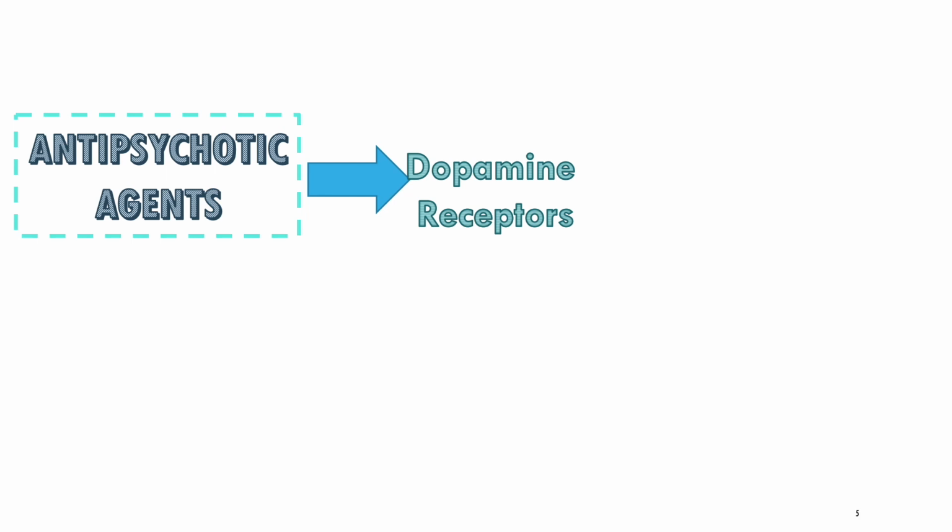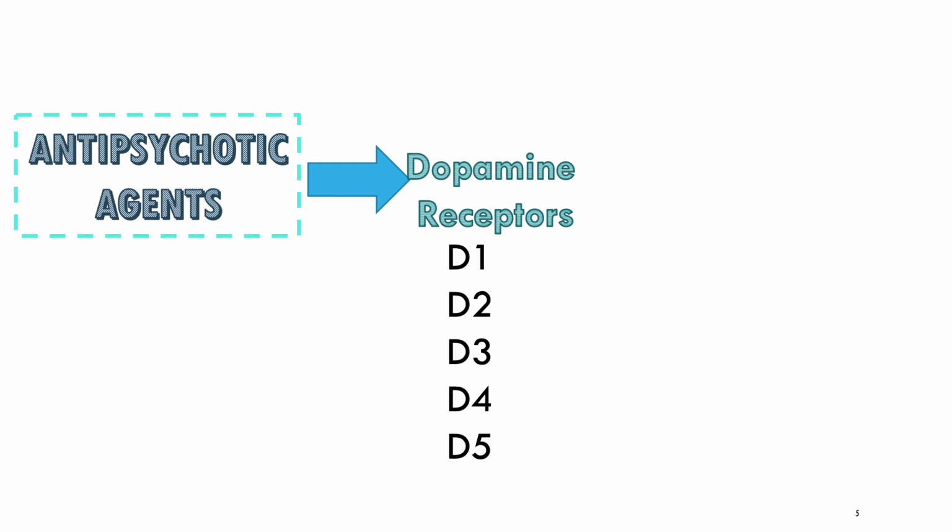Antipsychotic agents block the action of dopamine and thus may be classified as dopaminergic antagonists. Specifically, they block the dopamine receptors. There are five subtypes of dopamine receptors numbered D1 through D5.